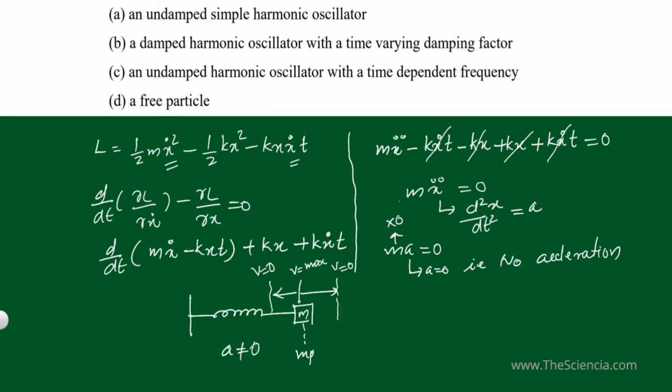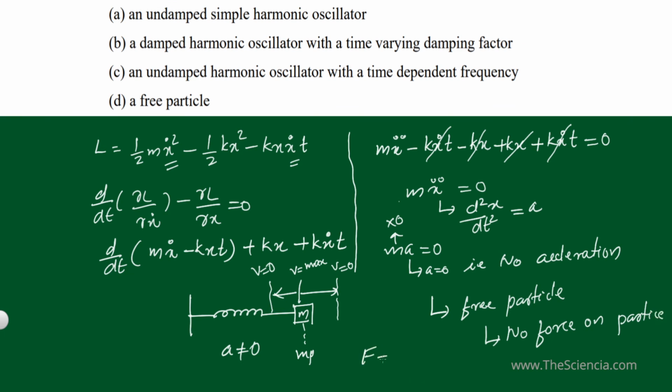Whether it is a damped harmonic oscillator or an undamped harmonic oscillator, there will be acceleration. But here in the equation of motion, we got the acceleration of the body is 0. That means this corresponds to a free particle. Free particle means there is no force acting on the particle.